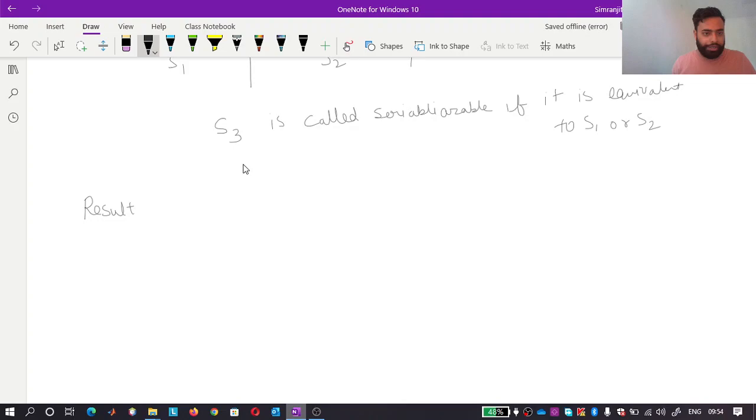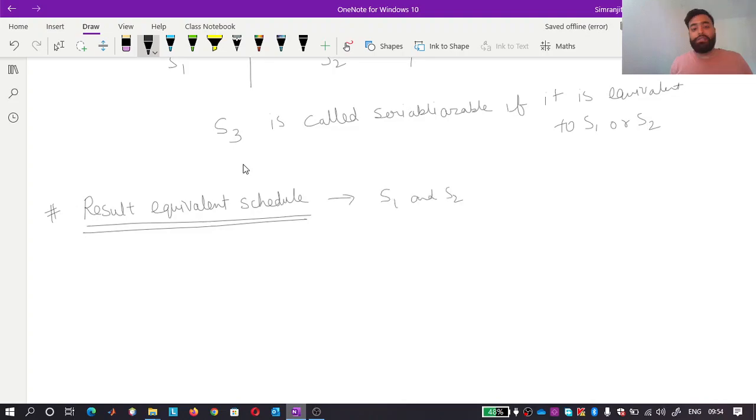But keep in mind, one of them has to be a serial transaction, and the other has to be a non-serial transaction. If the non-serial transaction is able to present the same result as the serial transaction, then we can say they are result equivalent. I'll give you an example.